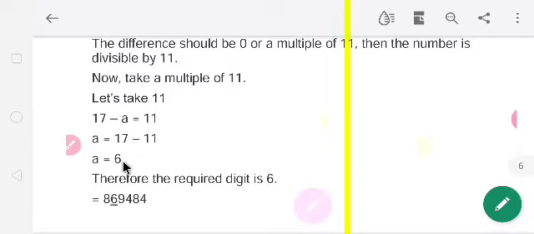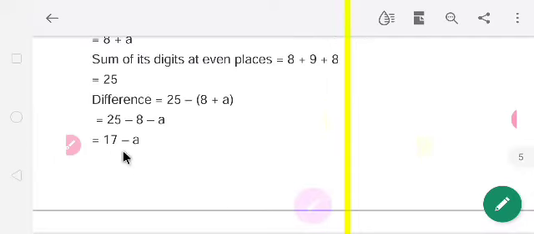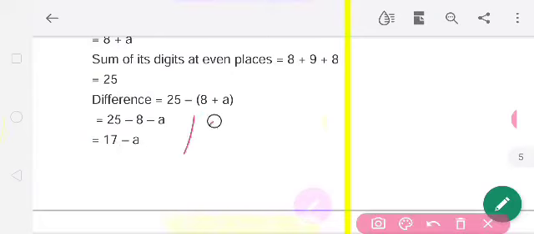So 17 minus 11 is equal to 6. Or directly, if we take 17 minus 6, it will come as 11.